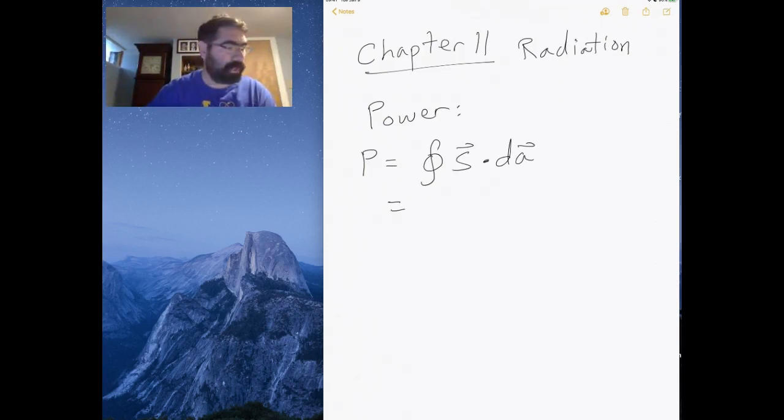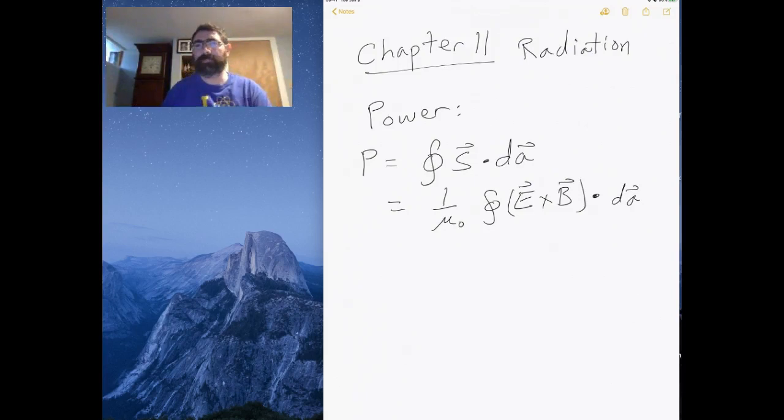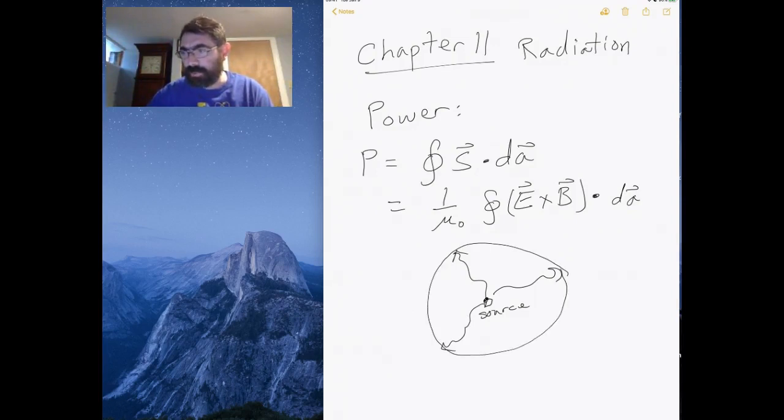Or I could write it out as 1 over mu naught, the integral of the electric field times the magnetic field captured by the area. So if I have a point here, some source, which is now radiating out, my power that I measure is the intensity through this area that I'm encapsulating it with.